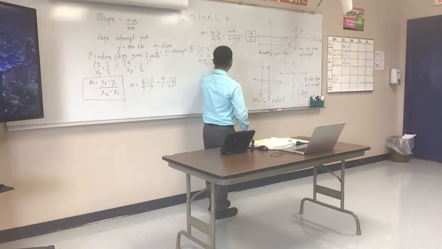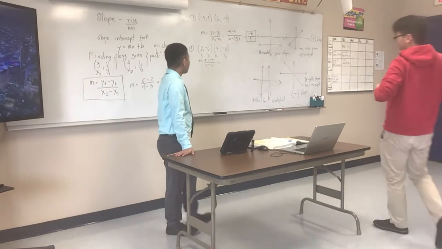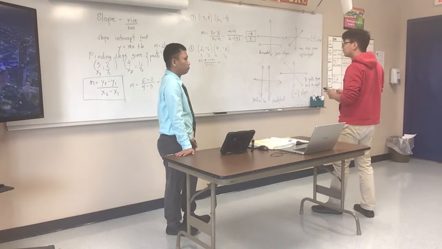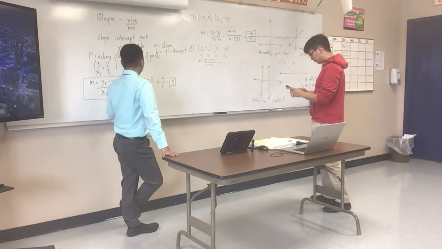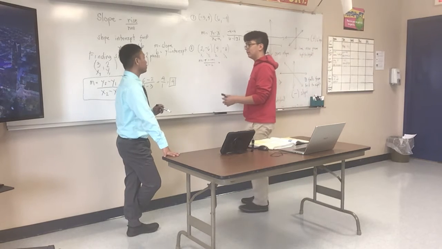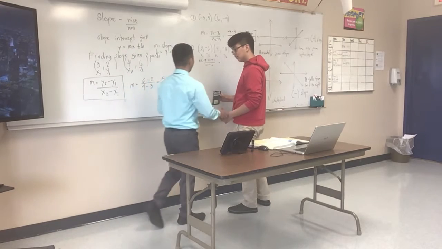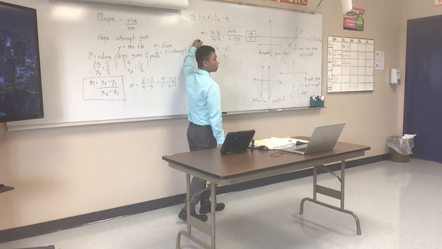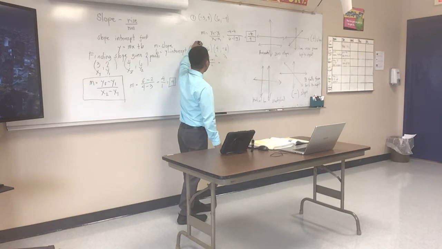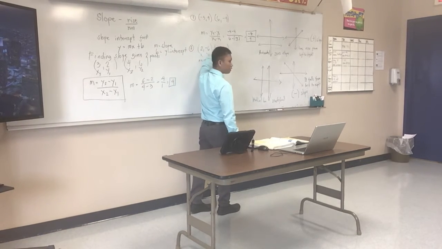What's your answer here? We have y sub 2, you assign -8, -2. Okay, he assigned the first set of ordered pairs. We have 2, -6. This is x sub 1. This is y sub 1. And this is x sub 2, y sub 2.